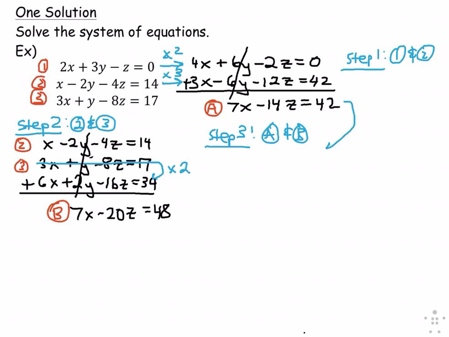So when I rewrite A, I'm going to multiply by -1, and then I'll transfer B over unchanged.